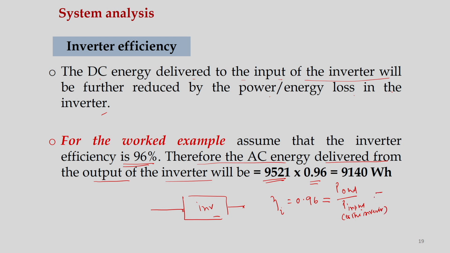So, P out is nothing but eta I, which is 0.96, into P input. P input is 9521. So, this is 0.96 into 9521. Once you do the calculation, we get 9140, which is the value delivered by the inverter.